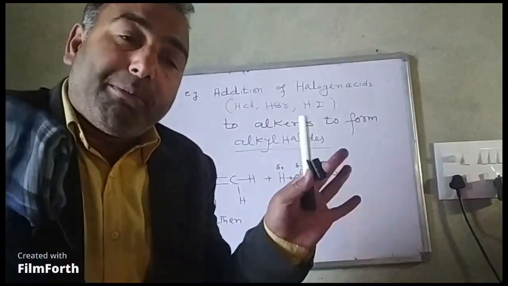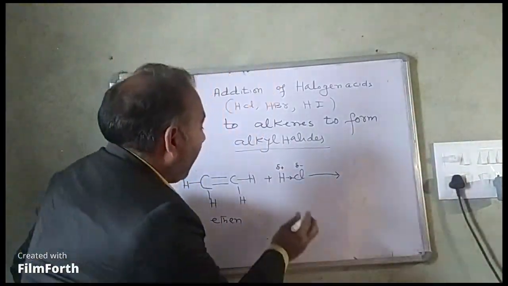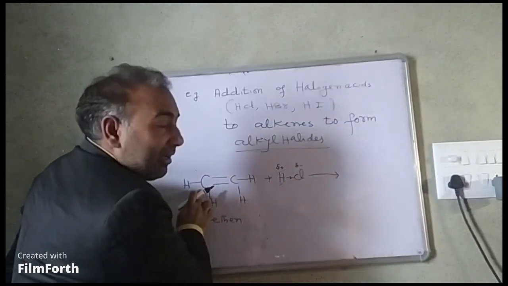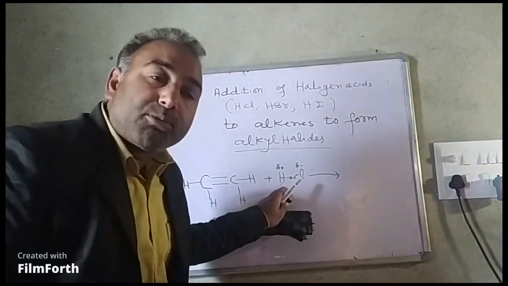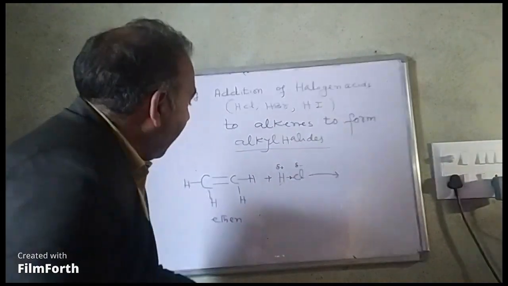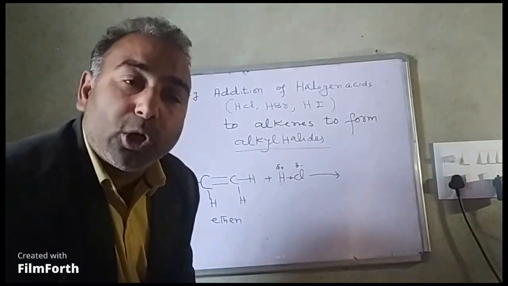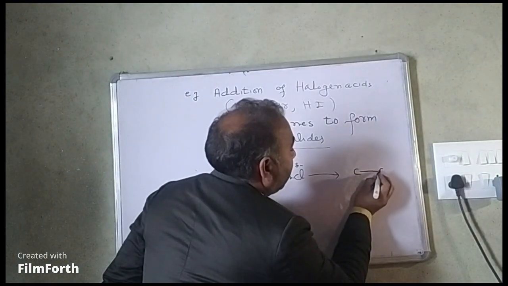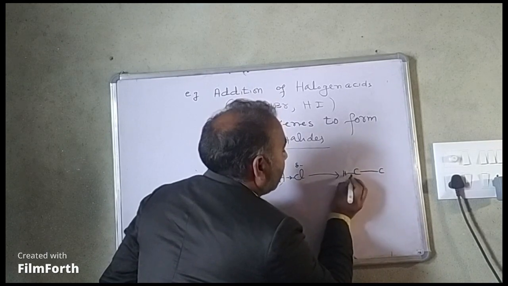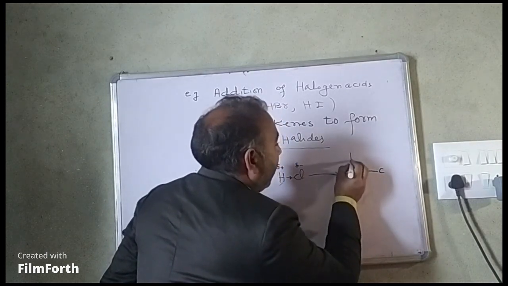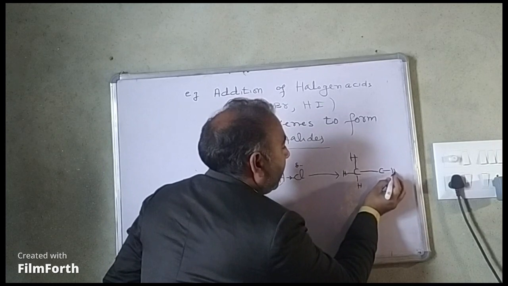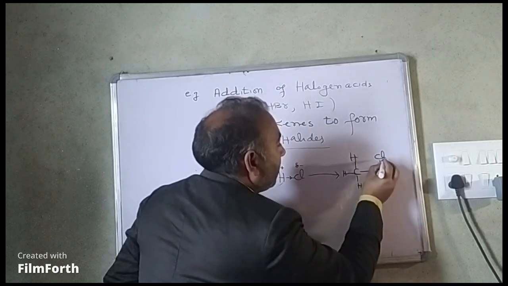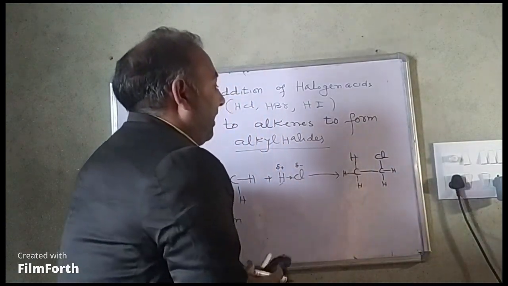What we have to remember is, this H will go to one carbon. It will attach itself to one carbon in the alkene and the other carbon will get chlorine. So the double bond will be broken into a single bond. We'll get H, H and H, and Cl. Chloroethane.